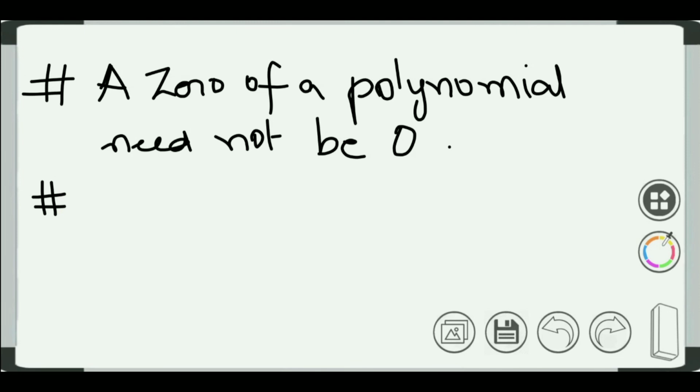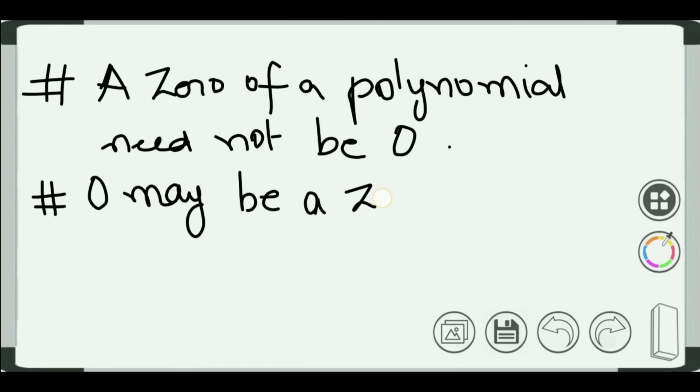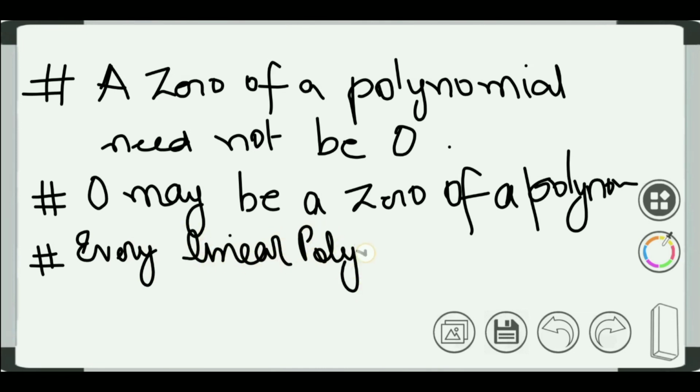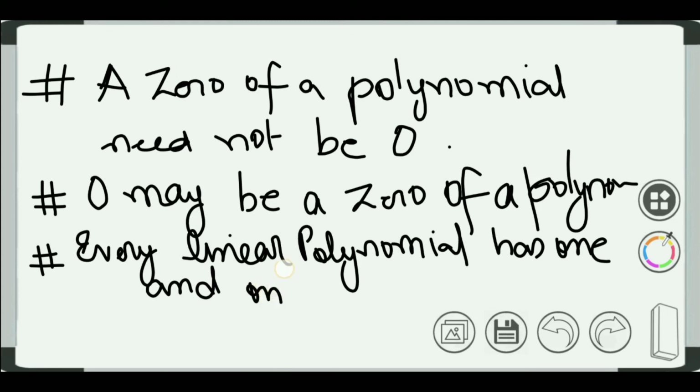Second point, 0 may be a zero of a polynomial, right? 0 can be a zero of a polynomial. Third point, every linear polynomial has one and only one zero.